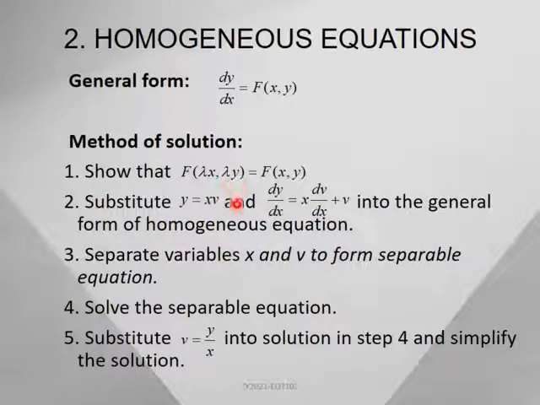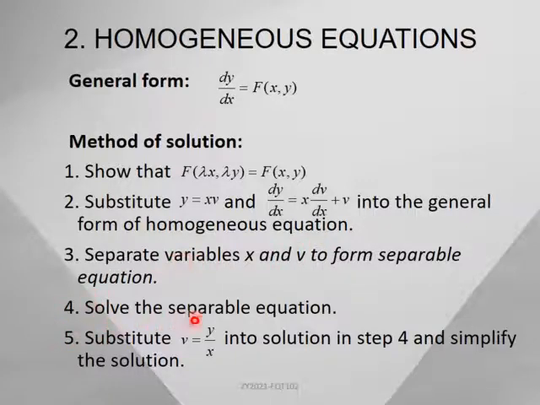Normally we separate v on the left-hand side and x on the right-hand side. Make sure only x is on the right, and only variable v is on the left.